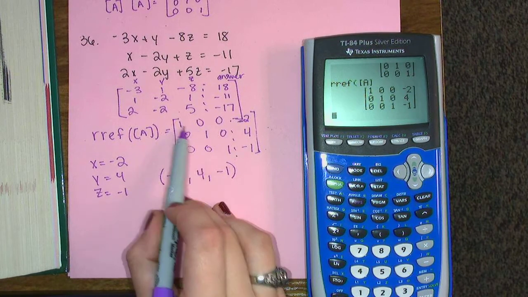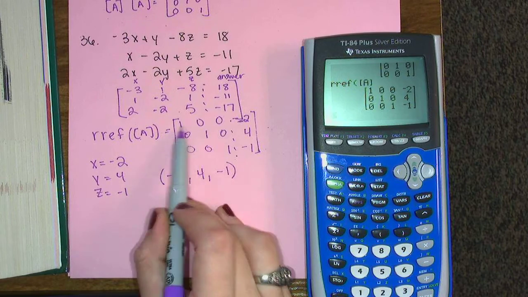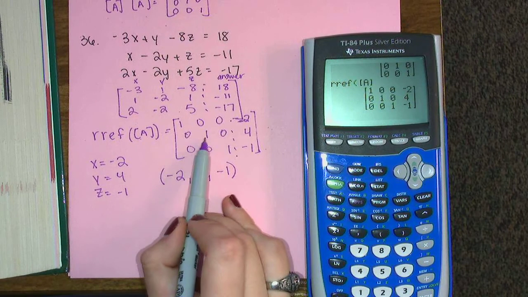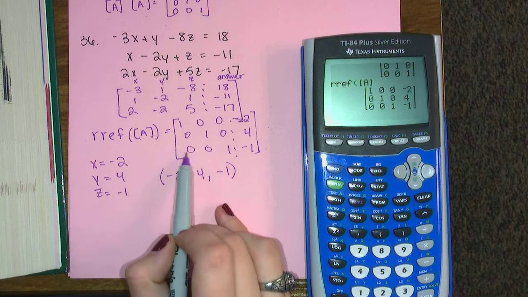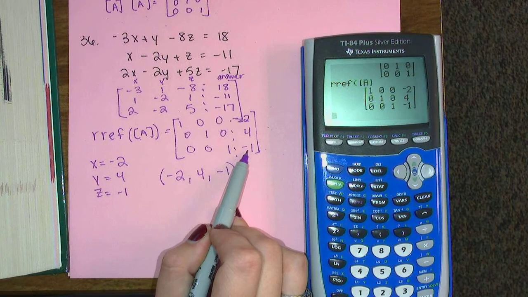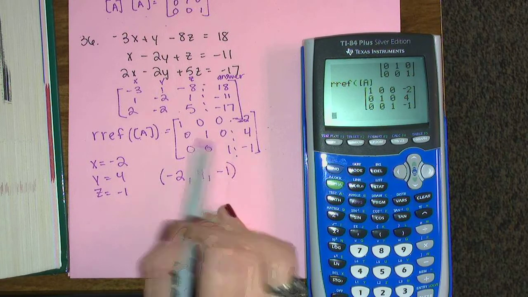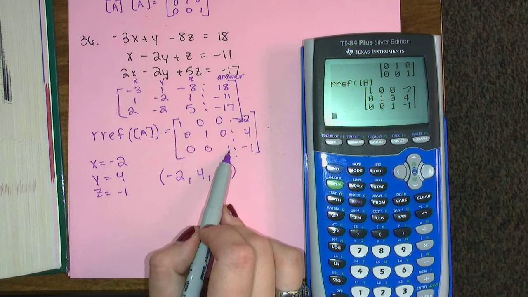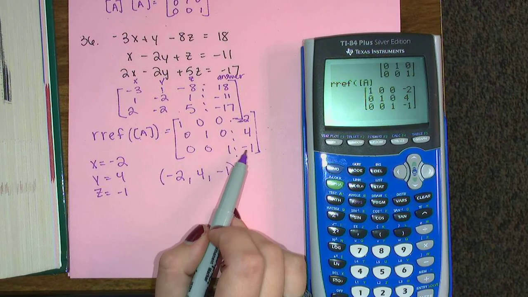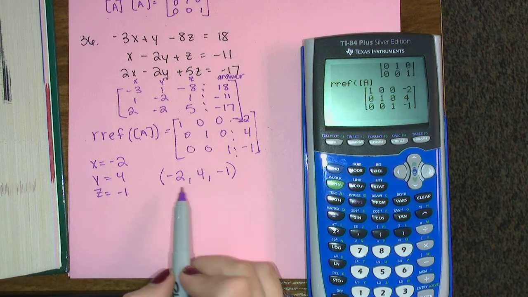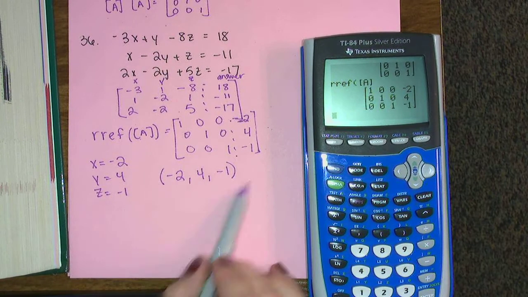You're always going to have 1s on the diagonal. So your top row is always your x value, your middle value is always your y value, and the bottom one's always your z value. These are always going to be 1, so you won't have to do anything with them. And then you have to write it as an ordered triple, because that's the official solution to the problem.